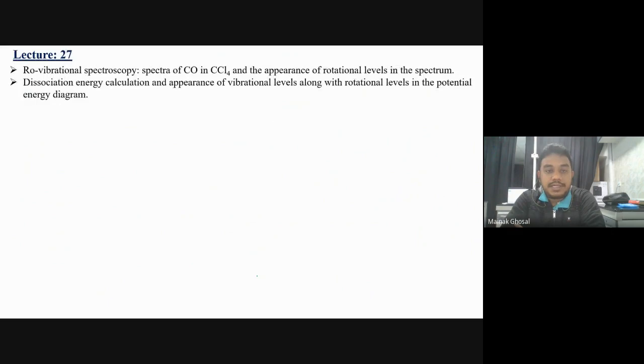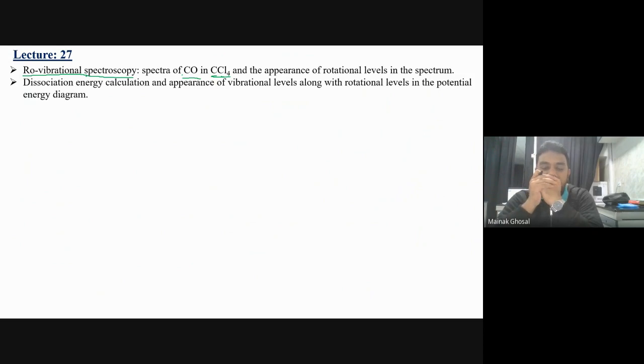So today I'm going to discuss something beyond vibrational spectroscopy, which is called rovibrational spectroscopy. It was shown that for CO, carbon monoxide in CCl4, along with the appearance of the vibrational line there is also the appearance of rotational lines.